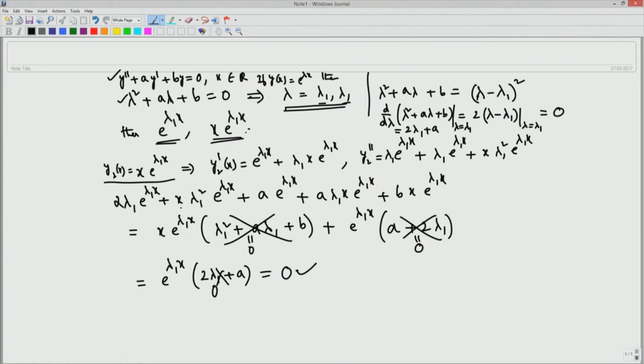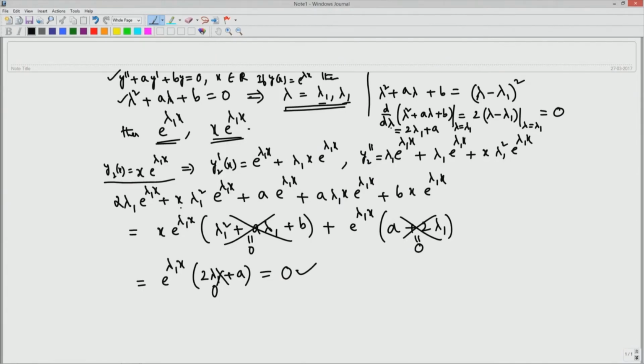This way of looking at the second solution is useful when you are looking at higher order equations with constant coefficients. Whenever a root is repeated a few times, you differentiate. If it is repeated k times, you differentiate up to d k by d lambda power k. When you put lambda equal to lambda 1, it will still be 0.